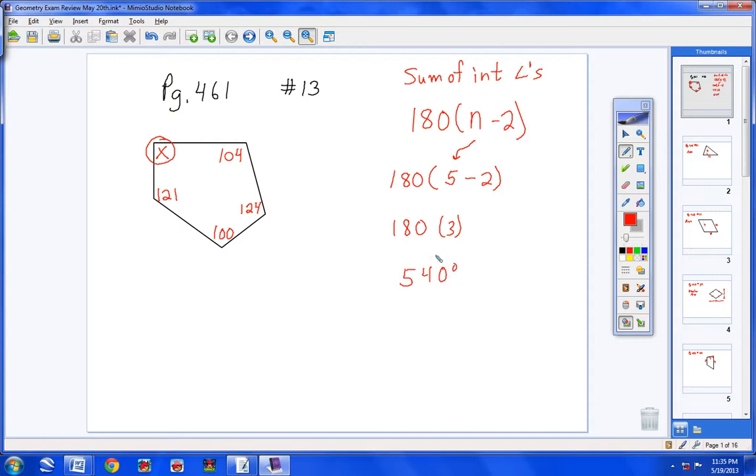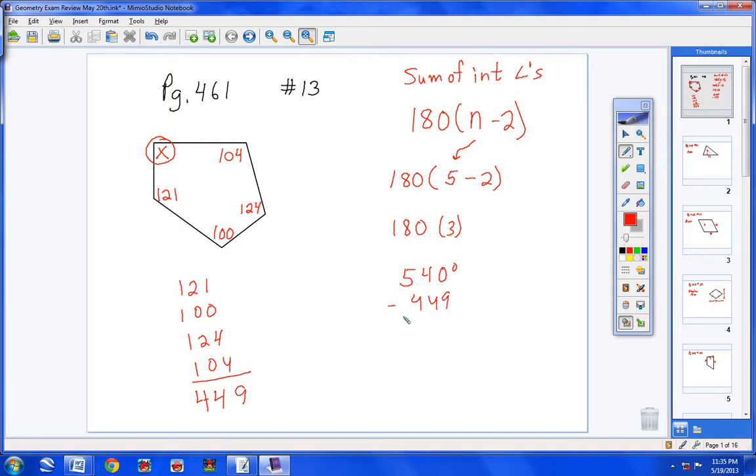So now we know when I add up all 5 angles here, I should get 540. So I'm going to take the 4 angles that I know, 121, 100, 124, and 104. I'm going to add those up quickly, 449, okay? And then I'm going to subtract that from 540, because I know that all 5 angles added together should equal 540.